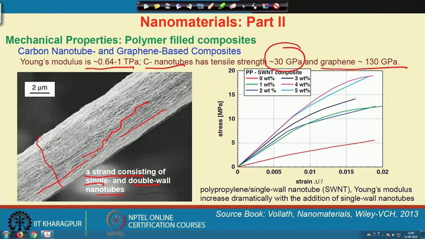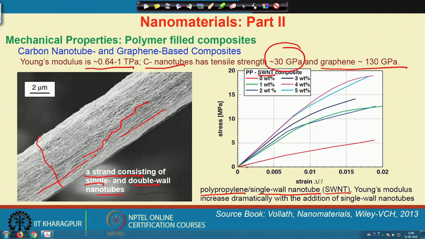This is a large strand of, let us say, 2 to 5 micrometers, and we incorporate them in a composite, let us say a polypropylene matrix with a single wall nanotube. SWNT stands for single wall nanotube.